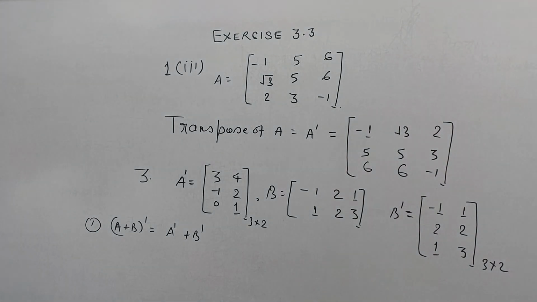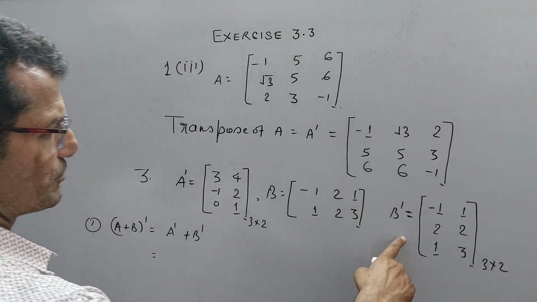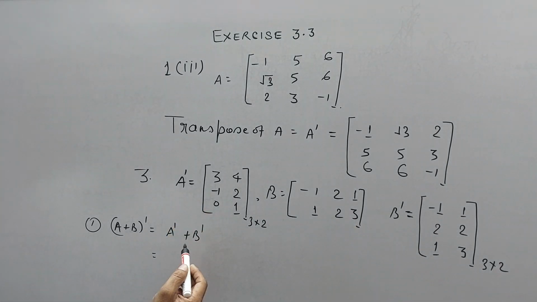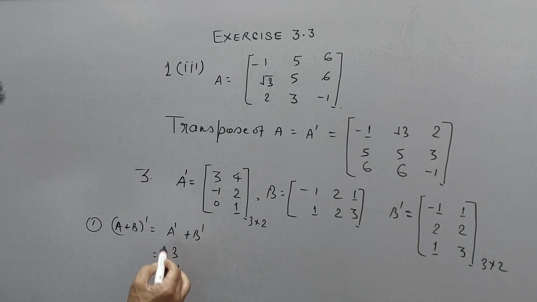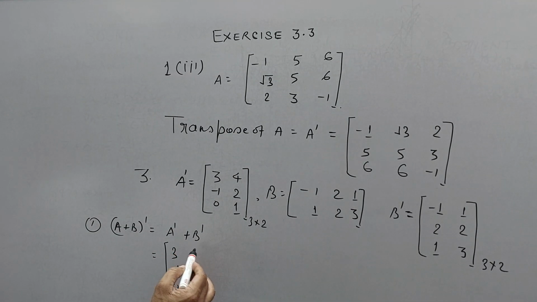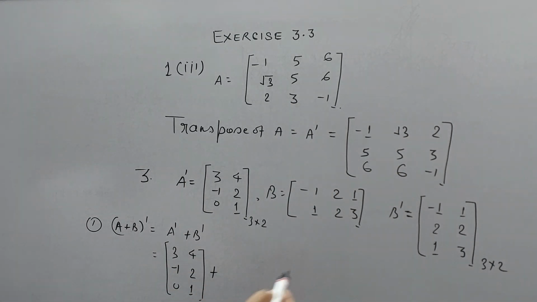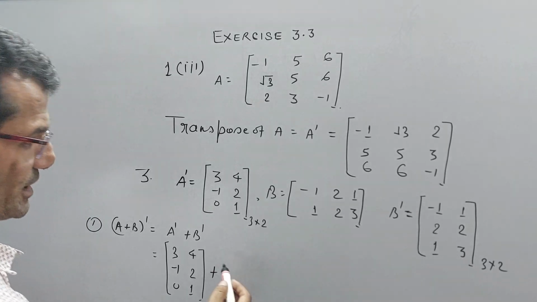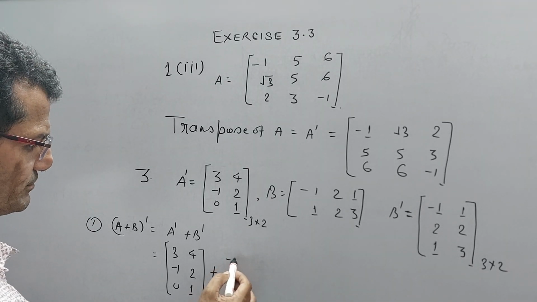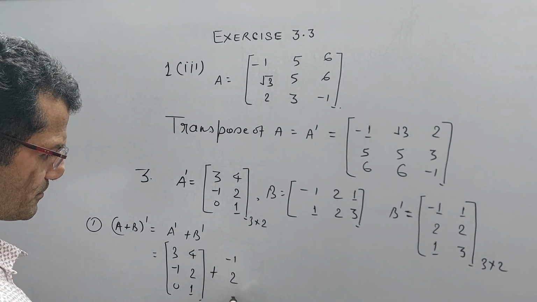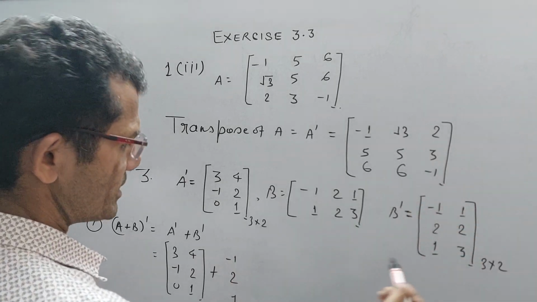Putting in the values, the transpose of A has the first column 3, minus 1, 0 and the second column 4, 2, 1, and the transpose of B has the first column minus 1, 2, 1 and the second column 1, 2, 3.